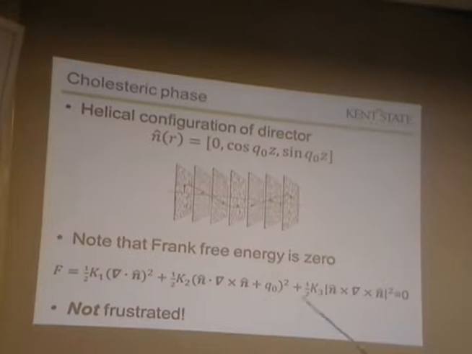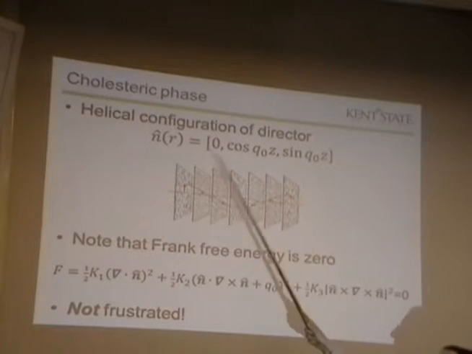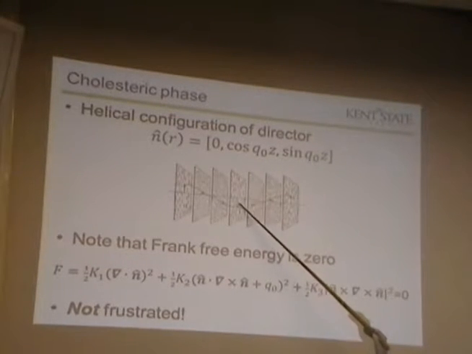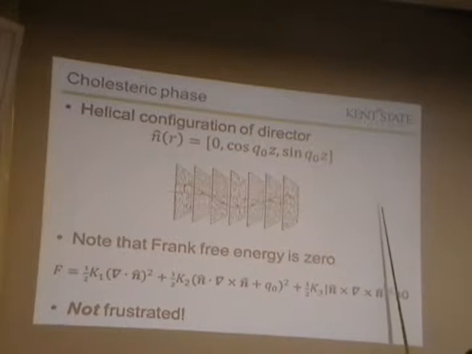To say it's in the ground state means it's the minimum of the free energy integrated over all space. But not only is it the minimum of the free energy integrated over all space, it's also the minimum of the free energy density at every position. And that's a stronger statement.